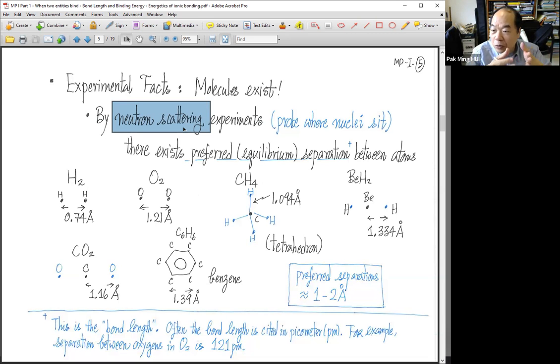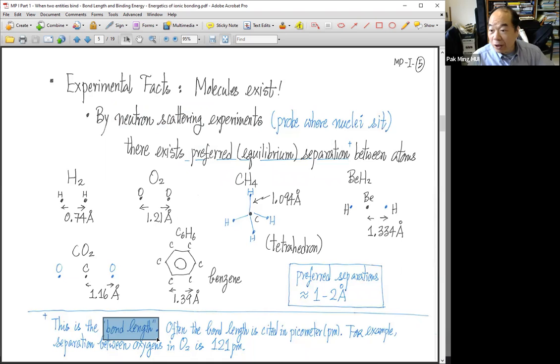So it could use nuclear force to probe the position of the nuclei. And from experiments, we know that there is a preferred separation, the so-called bond length, between the nuclei in a molecule.